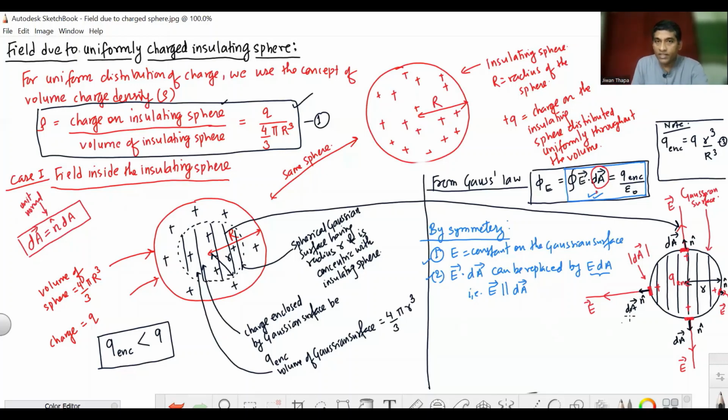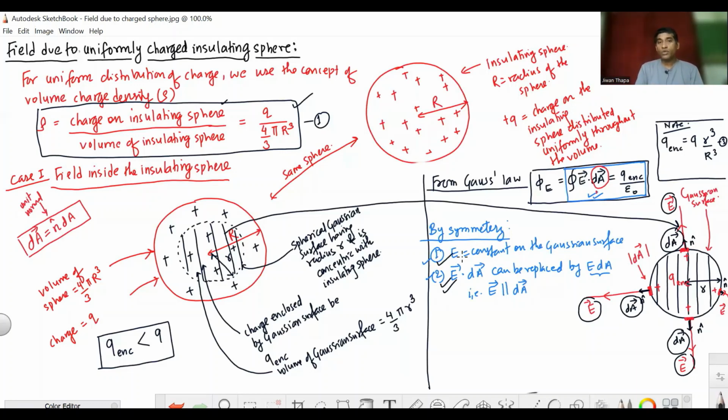So what we find is that area vector and electric field are parallel to each other. So this condition for symmetric charge distribution is satisfied, and electric field at each point on this Gaussian surface is constant. So this condition is also satisfied.